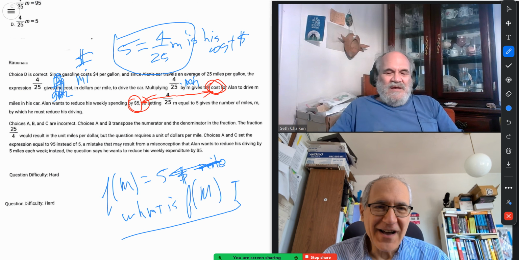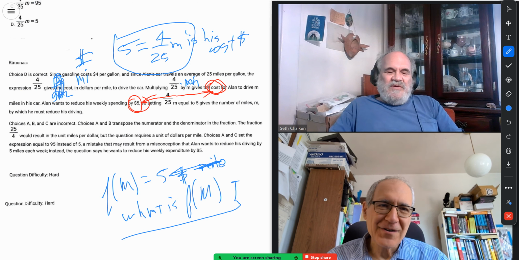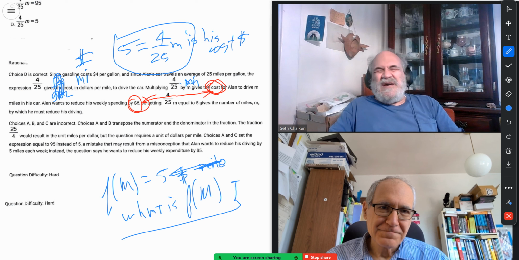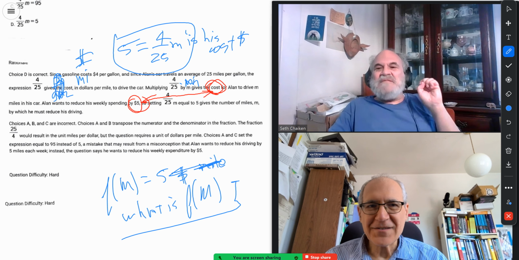I just totally got it wrong. The care you need to take when you deal with rates is that if you have a rate like miles per gallon, it stands for miles divided by gallons. Absolutely. It is not miles.